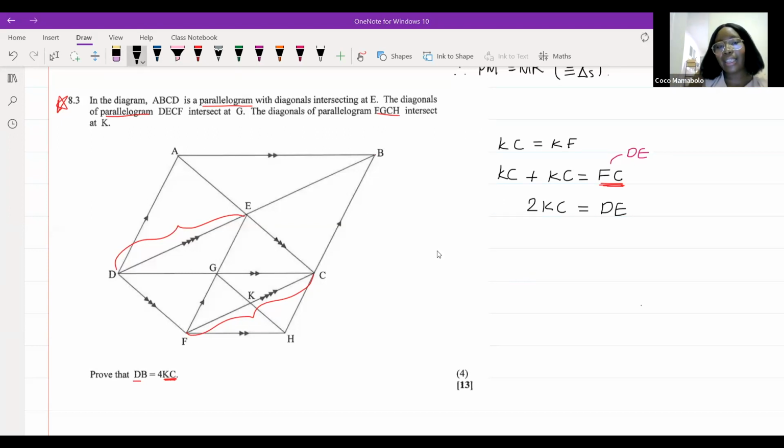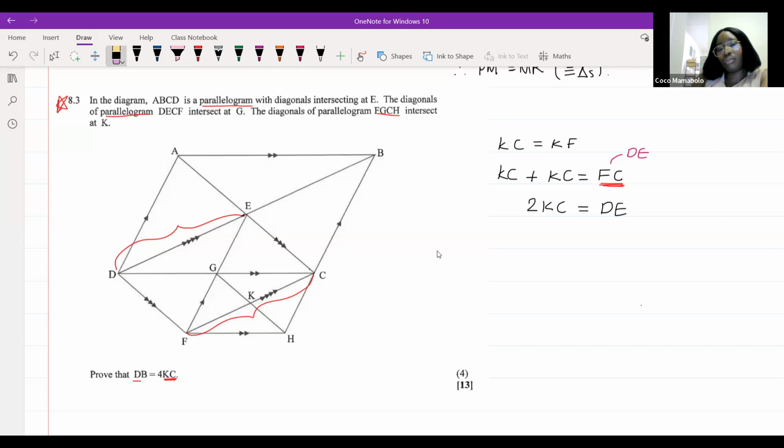Now let's think about this. What other side is equal to DE? Find me another side that's also equal to DE. EC, ma'am. Oh, not EC. Look, EC is a short side, right? Which other side is equal to DE? AB, maybe. No. Too long. Okay, check what Mfundo's saying in the chat.